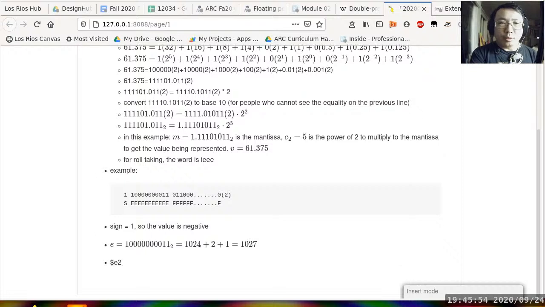So E2, which is the actual exponent of 2 that we want to multiply to the Mantissa, is 1027 minus 1023, because that's what the rule says, okay? Don't ask me why it is 1023 and not 1024, because IEEE decided 1023 is the bias, okay? That's all there is to it, okay?